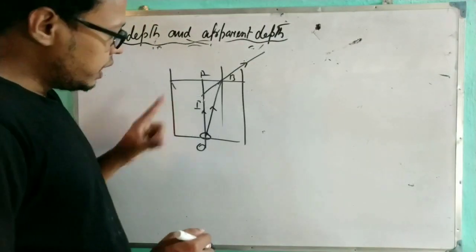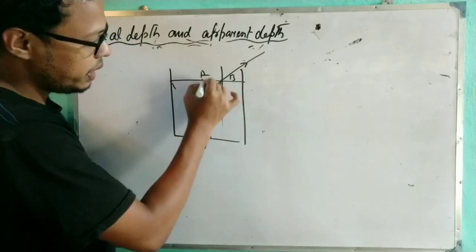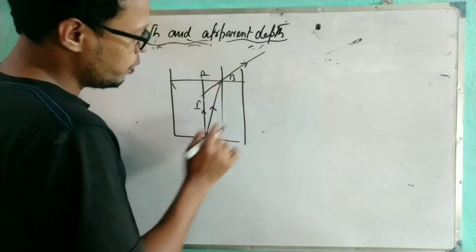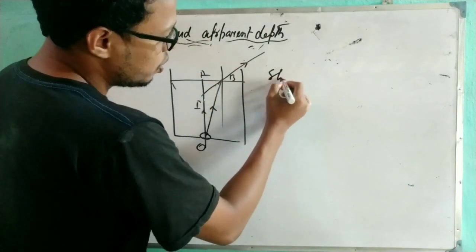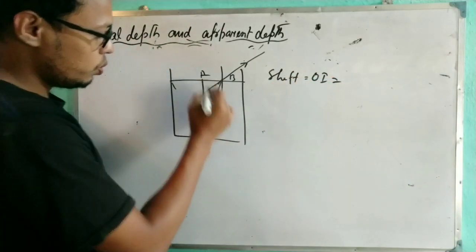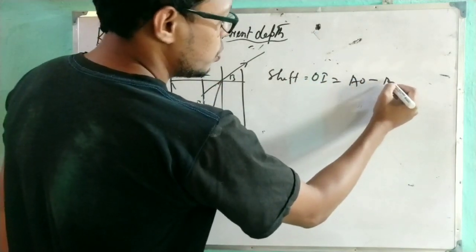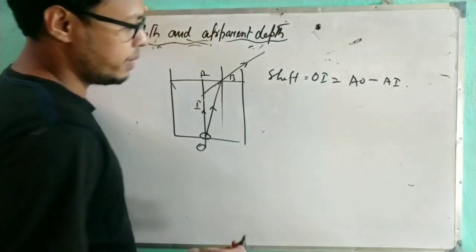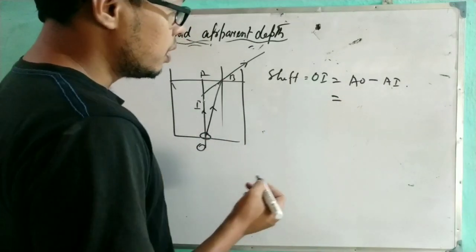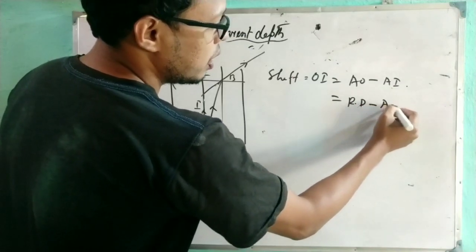Now to calculate the shift, which relation do you have to apply? See, AO was real depth, AI was apparent depth. Shift how much? IO. This is called the shift, which I am writing here: OI equals AO minus AI, means real depth minus apparent depth.